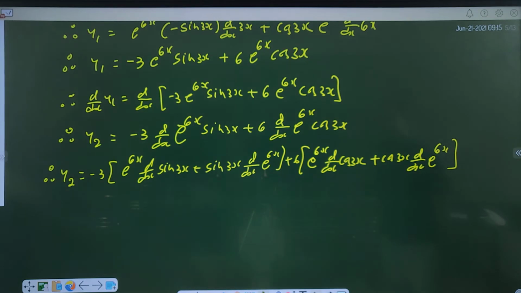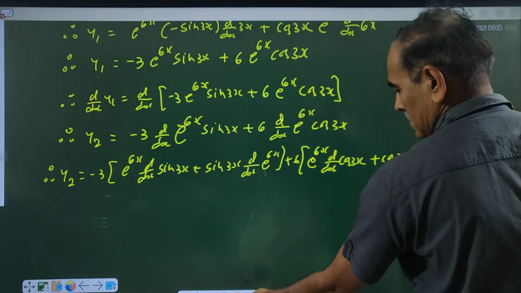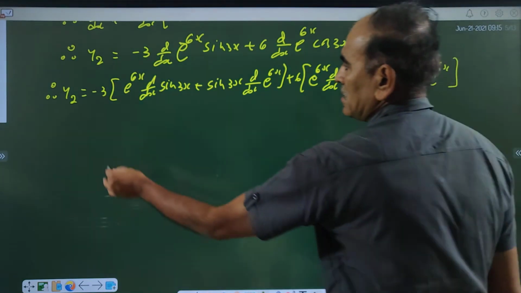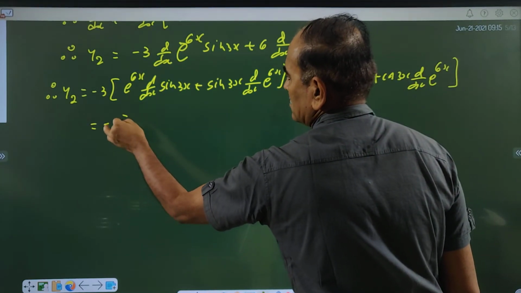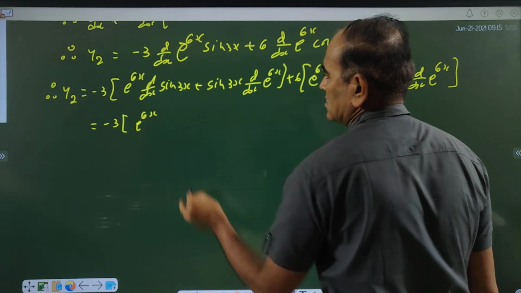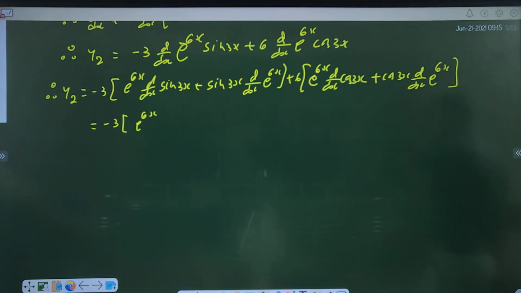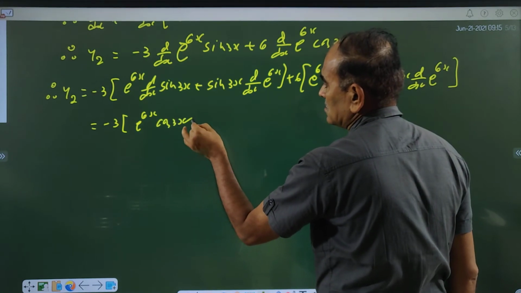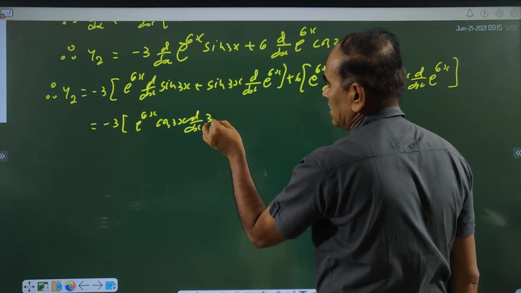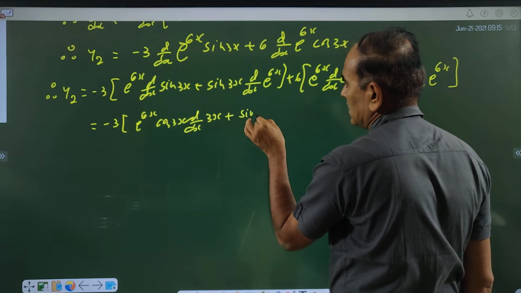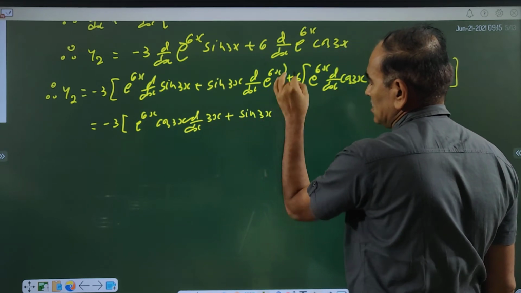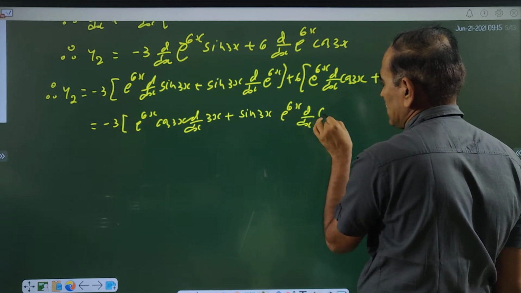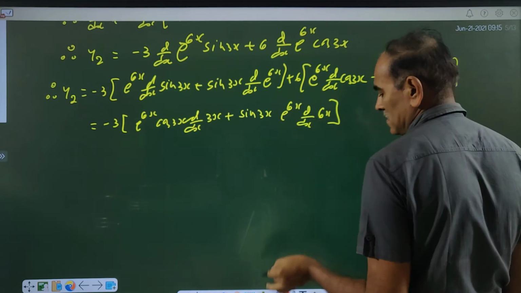We have to apply product rule. So that is equal to minus 3 e raised to 6x. What is d by dx of sine of some function? Cos of some function, d by dx of some function. Sin 3x, e raised to some function, d by dx of some function. First bracket complete.